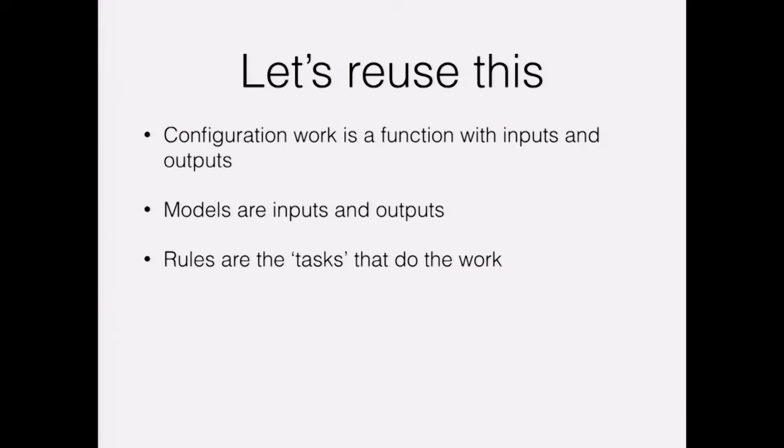Tasks generally work with source files, they produce files, but they also take models as inputs, the compile options, for example. Configuration actions generally take models as inputs, they take user input as input, and they produce other models, and they produce tasks.